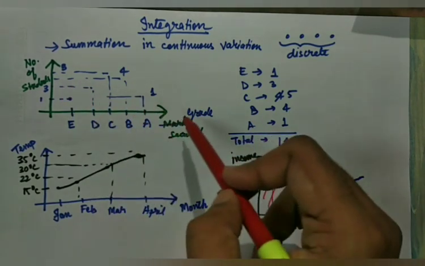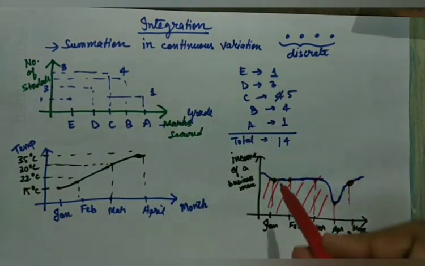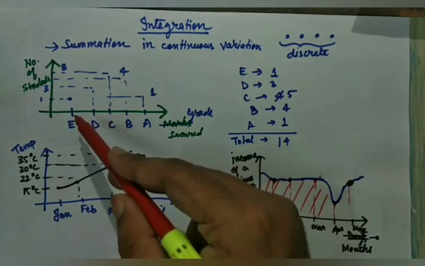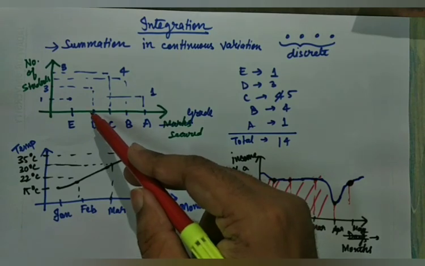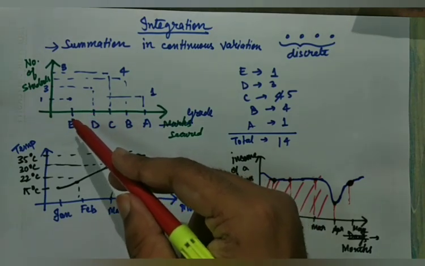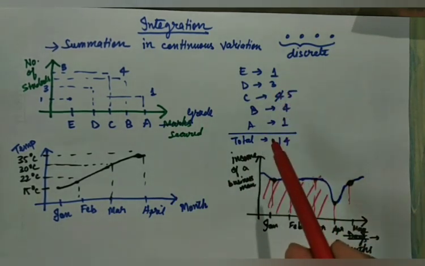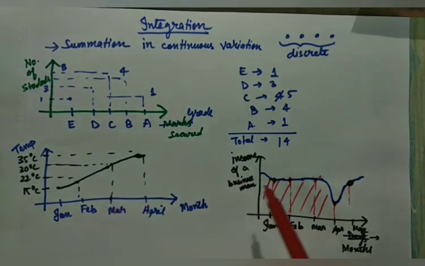For discrete quantities we can just add up, but for integration, see, there is nothing between E and D. This is discrete. There is no grade which has a value between E and D. But here, between January and February, we have 30 days, or every hour between the days, or every second. So it's a continuous domain. For a discrete domain, summation is good enough. But for a continuous domain, we have to perform integration.